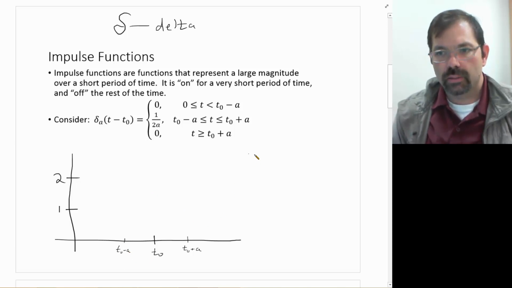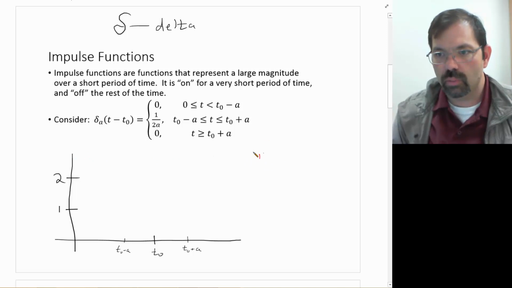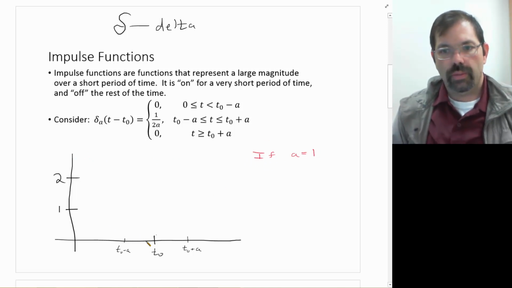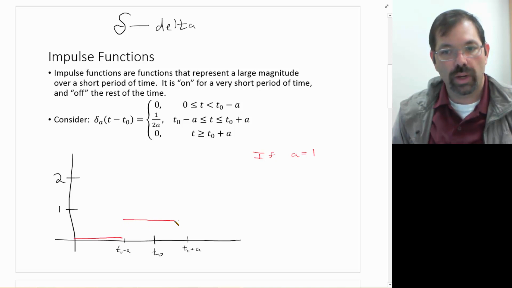Let's take a equal to 1. If a equals 1, then the function is 0, and then between t naught minus a and t naught plus a, the function would be 1/2, and then it's off again.